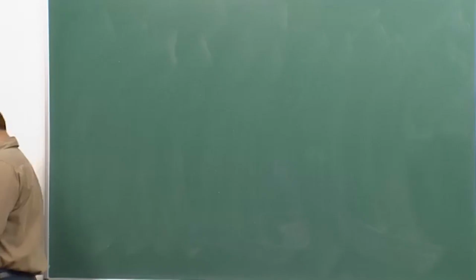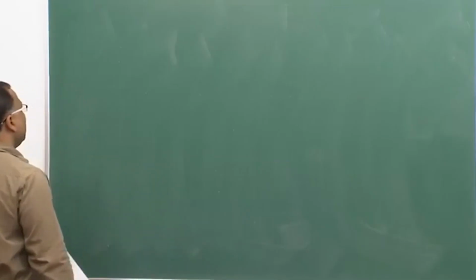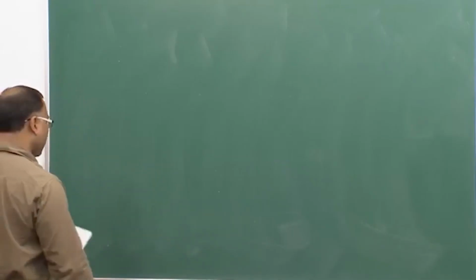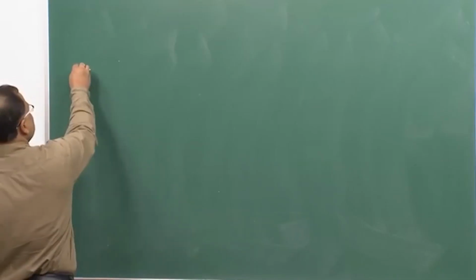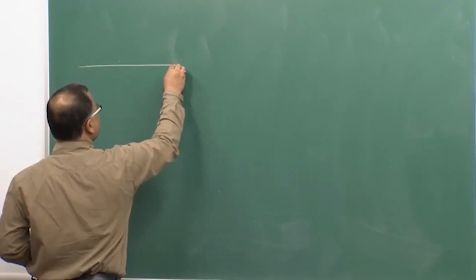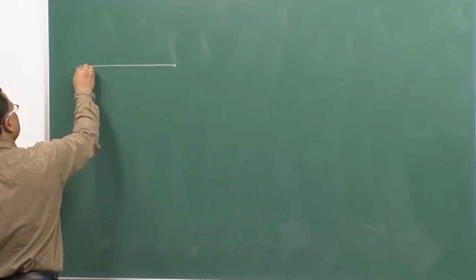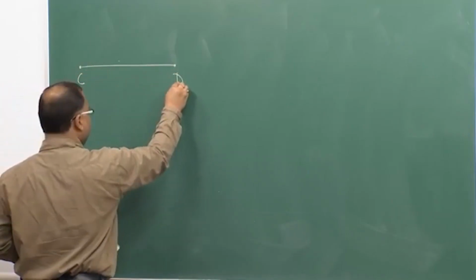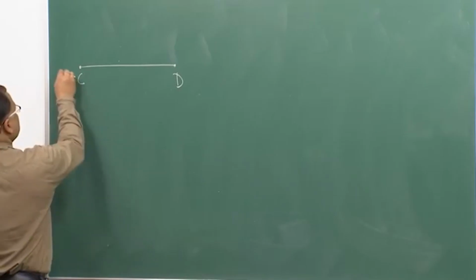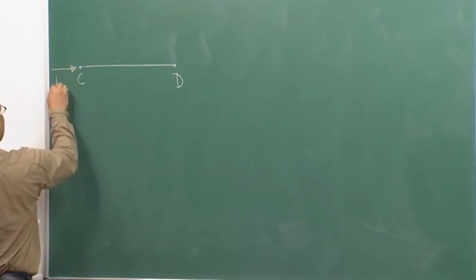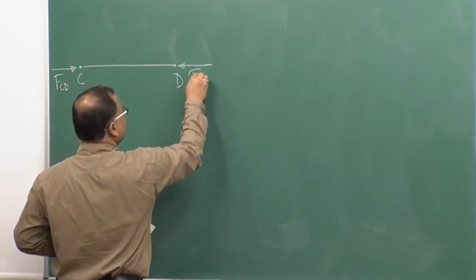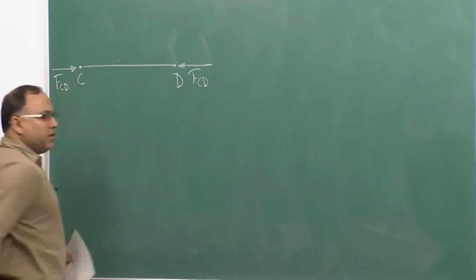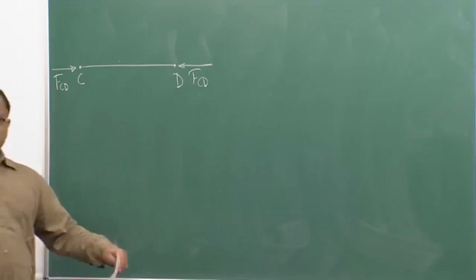So, we are still studying the forces, we are trying to find out the member forces. So, this is my member CD, and we are considering the member force in CD is compressive in nature.